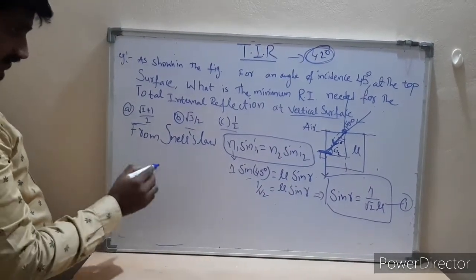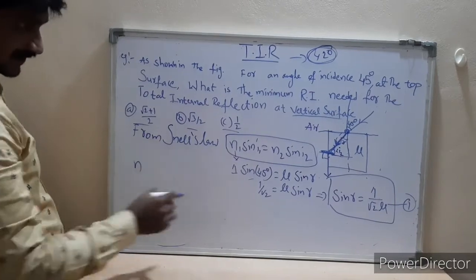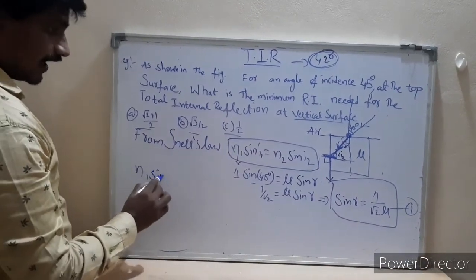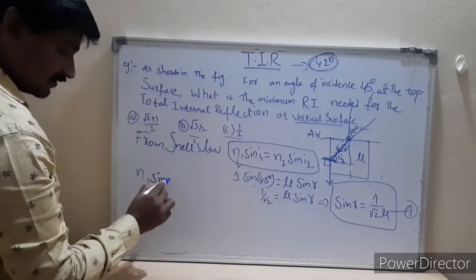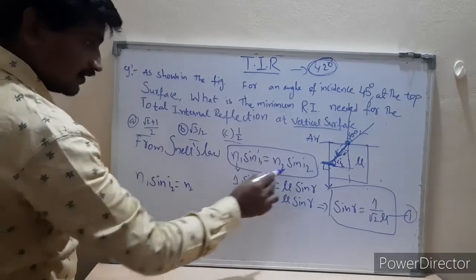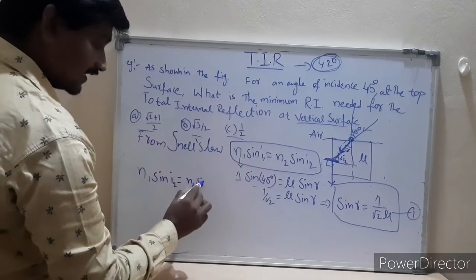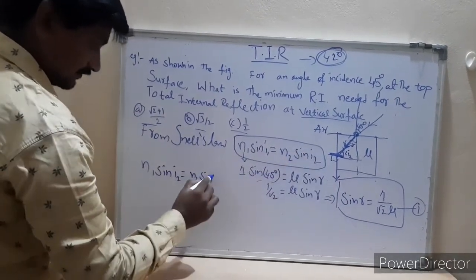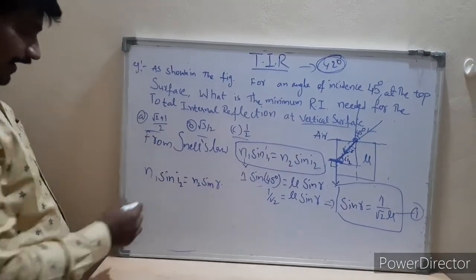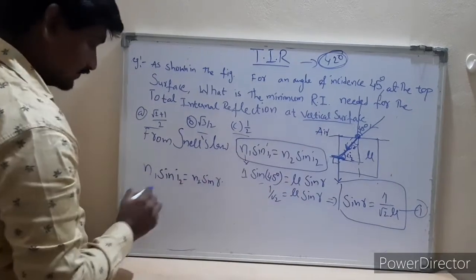To find that, I am going with Snell's law again at this second surface, at the vertical surface. So I am writing at this surface, N1 sine I2 equal to N2 sine R. Now N1 we don't know, the medium is mu.